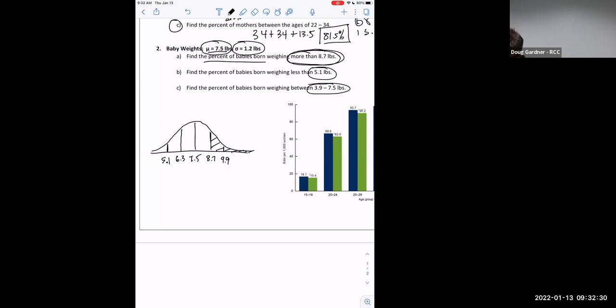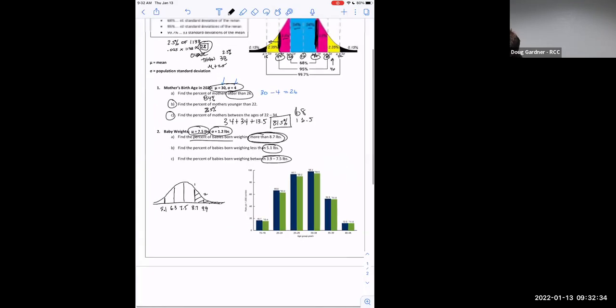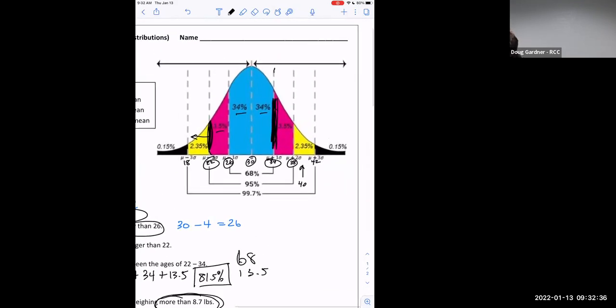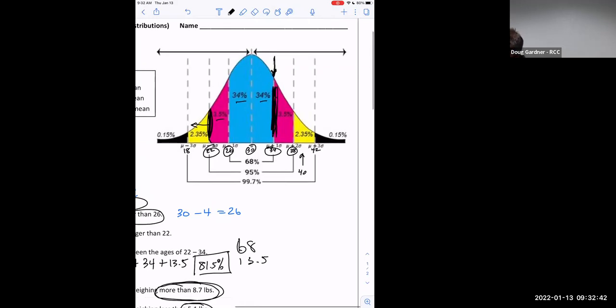Notice this was 1 standard deviation, this was 2. Now watch this, because there's an easy way and a hard way. The hard way is to add 13.55, 2.35, and 0.15. What's the easy way to get these all added up? Good job.